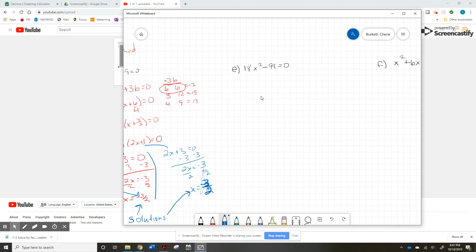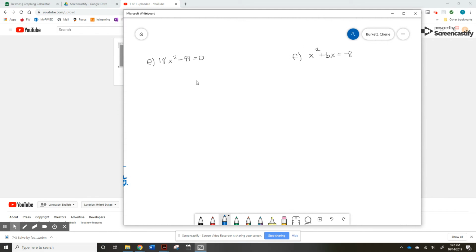Okay, so this one looks like it's a binomial. It's not a trinomial. So is this a difference of squares? Well, it's definitely a difference, but this is not a perfect square and neither is this one. But I do recognize that those are both even numbers.